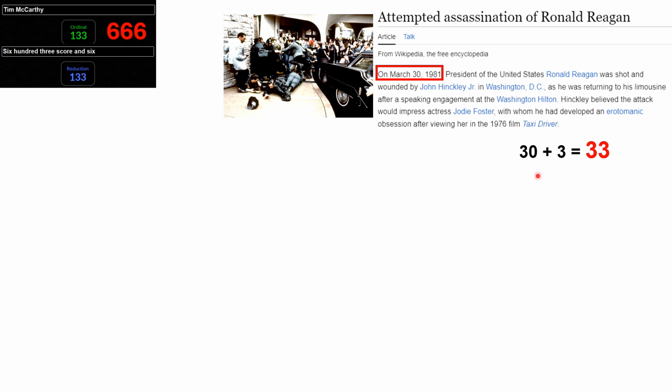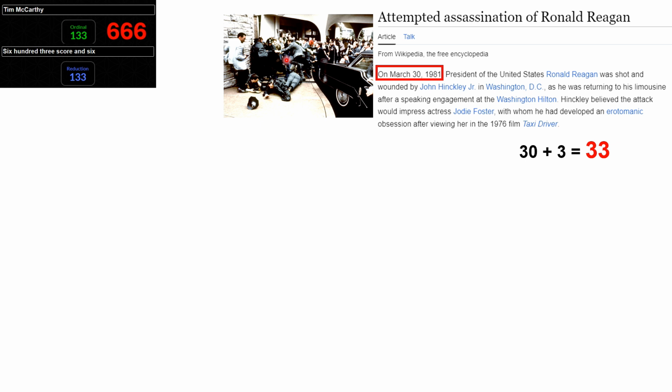And that, of course, that's March 30, 33 day. And during that, I've not looked at all the code, but a guy called Tim McCarthy was actually injured as well. And that's in English Ordinals 133, which is biblical 600, 6 for 666.